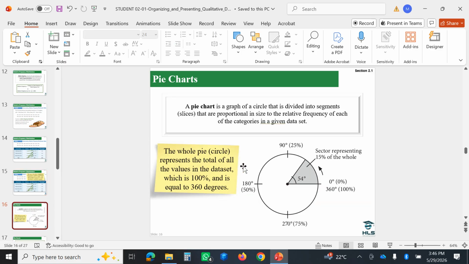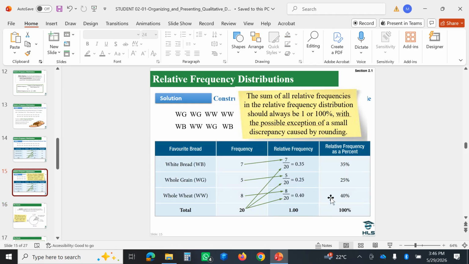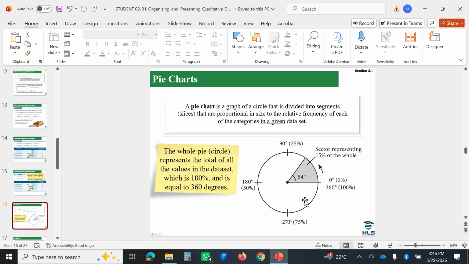A pie chart is a graph of a circle that is divided into segments or slices that represent the proportion of the pie. Just looking at this, 25% of the people chose whole grain. A pie chart is 360 degrees.